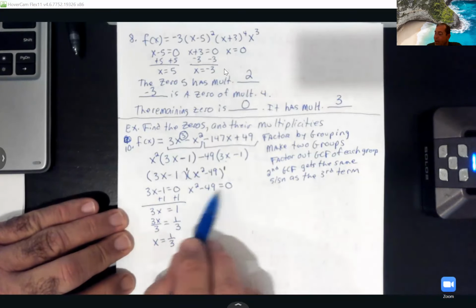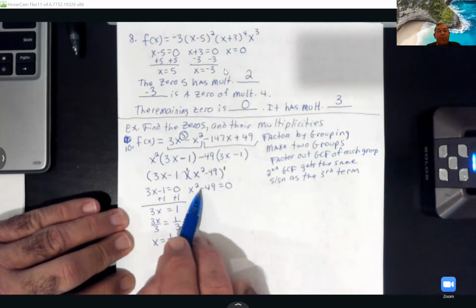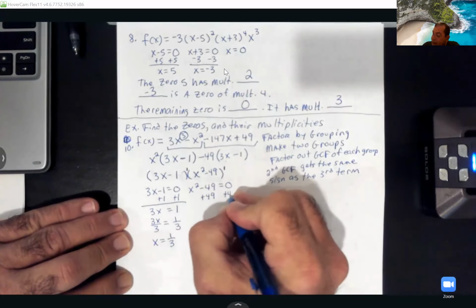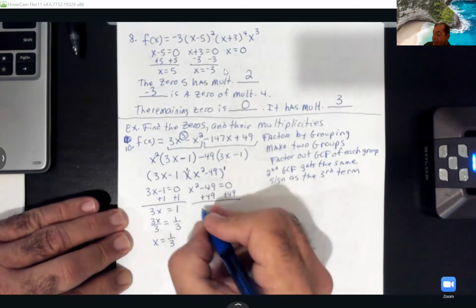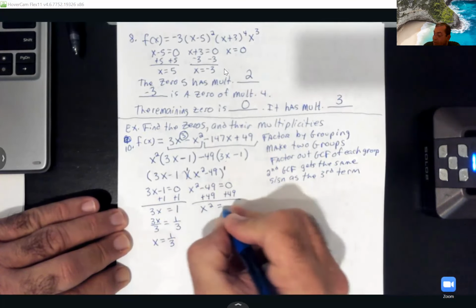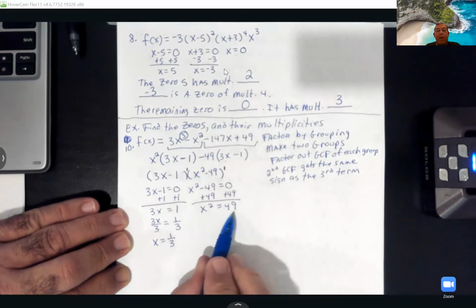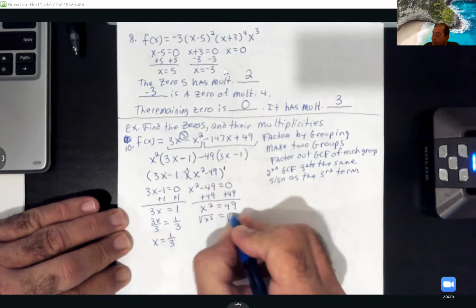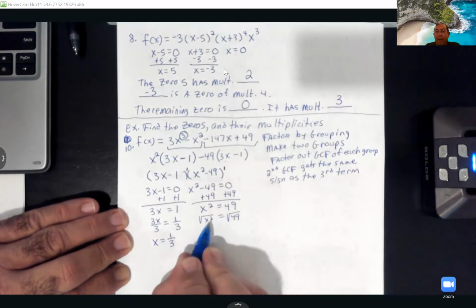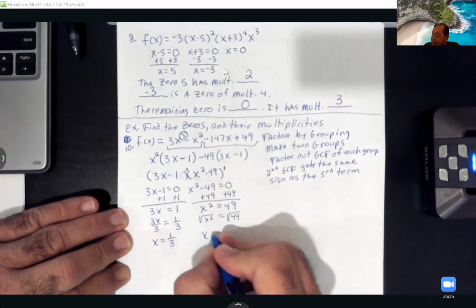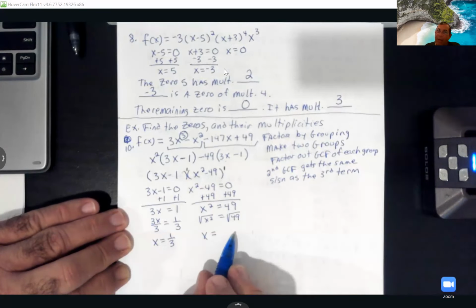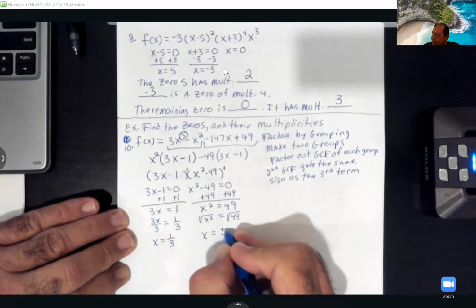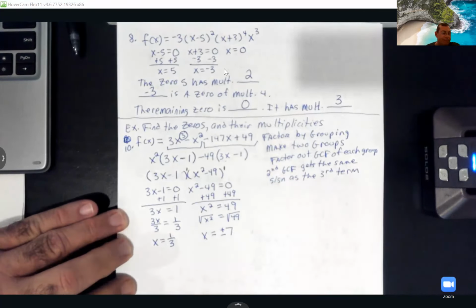So the second one here, I'm going to add 49 and do square roots. So anytime you got an x squared and a number, the easiest thing is to do the square roots to it. So y'all, x squared equals 49. We're going to square root both sides. So square root of x squared is x. Now remember, square root of 49 is going to be a plus or negative 7.